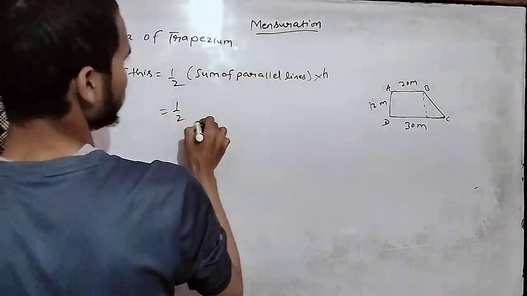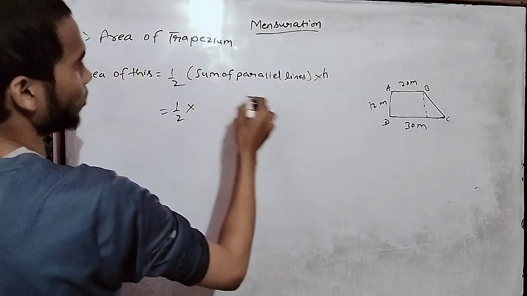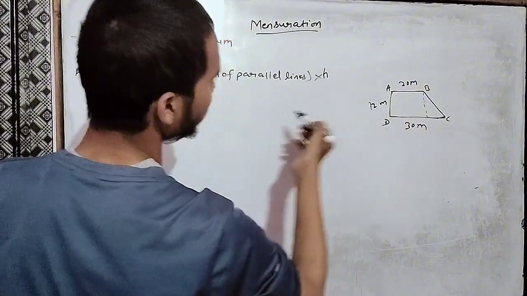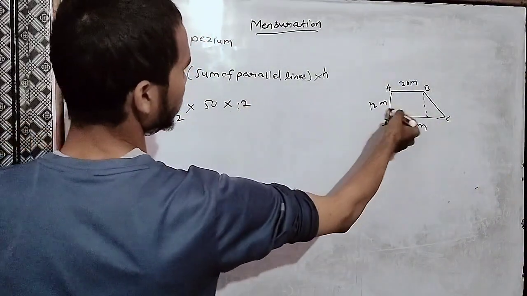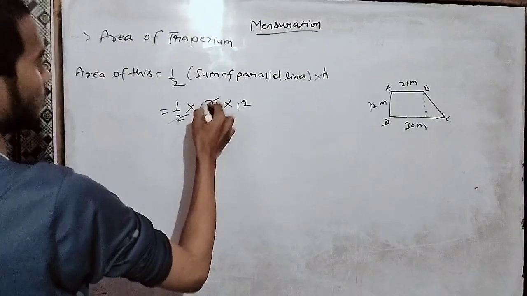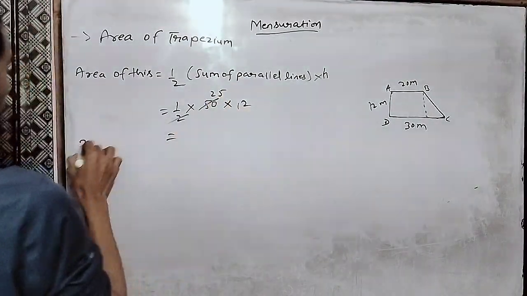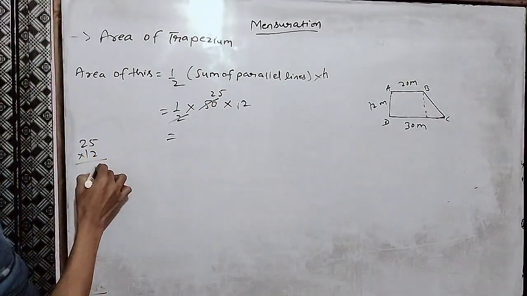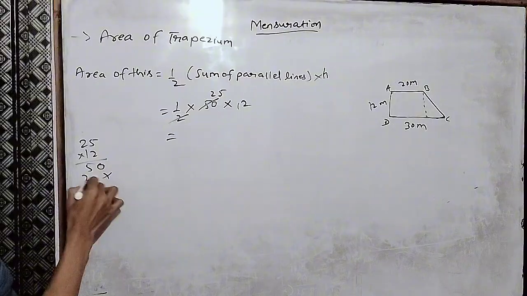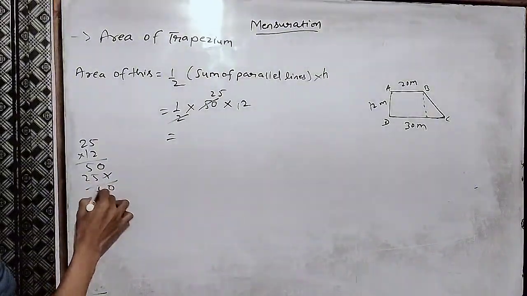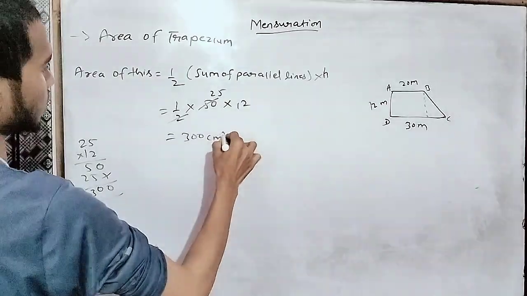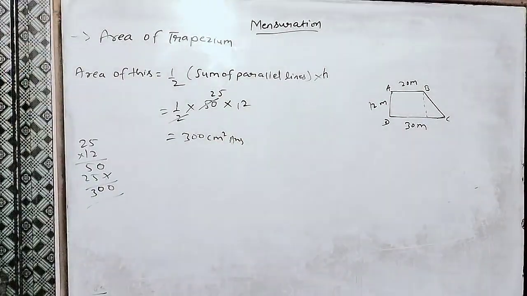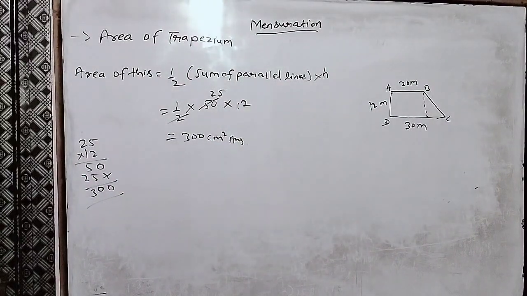So 1 by 2 and then the sum of parallel lines 20 and 30 would be 50 and then 12. This is the height. 25 and 25, 12: 2 fives are 10, 2 twos are 4, 5 twenty-five, 0, 10, 3. 300 centimeter square. This is the area. I think I am right.